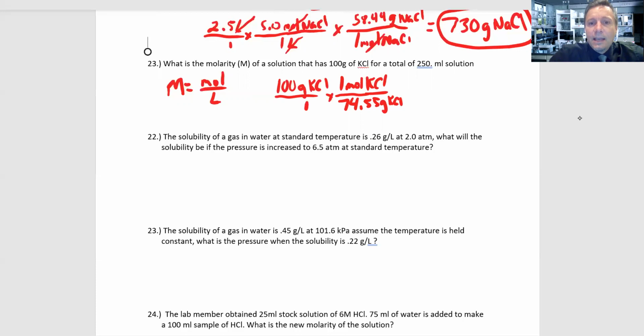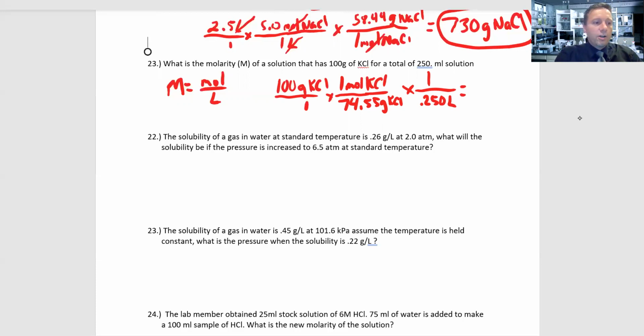All right. And so I have now in moles, and it says 250 milliliters, so I put 1 over 0.250 liters, and that will give me my concentration.